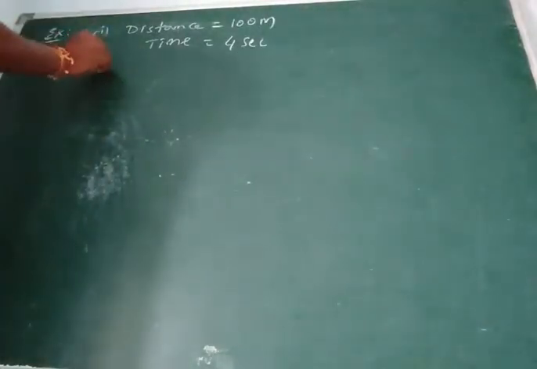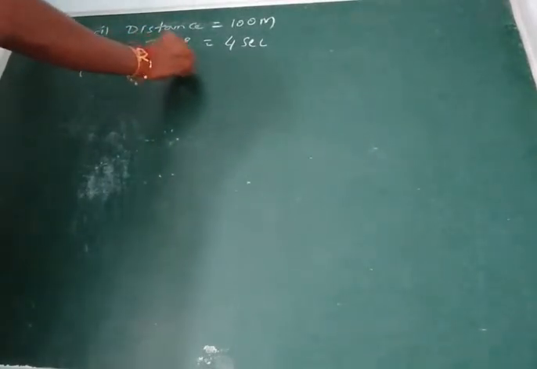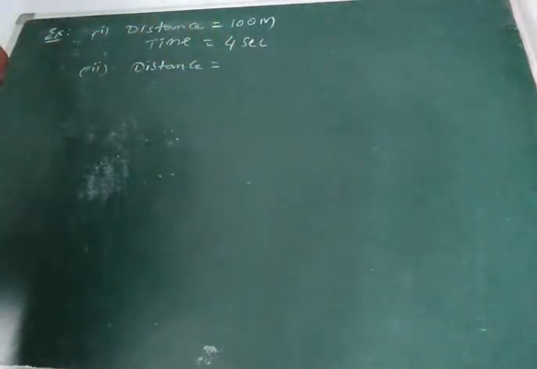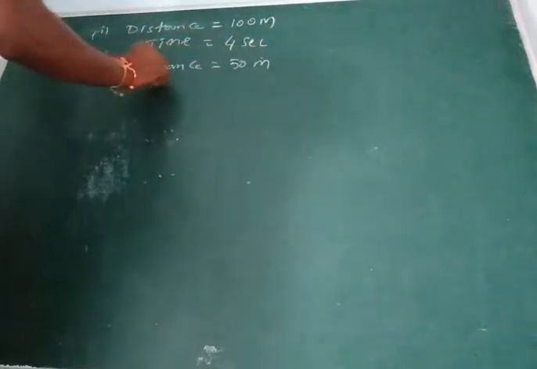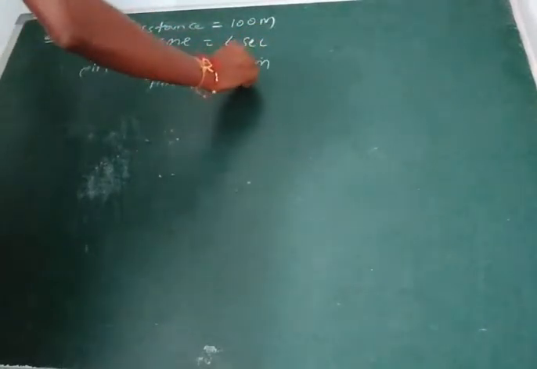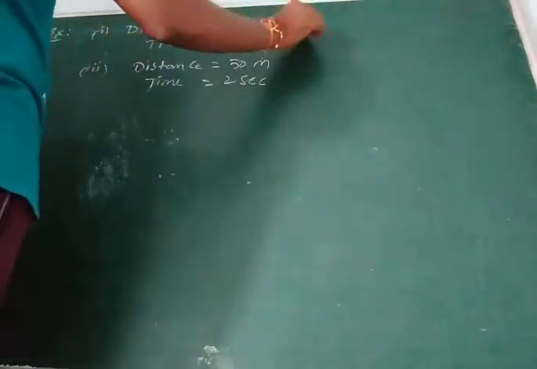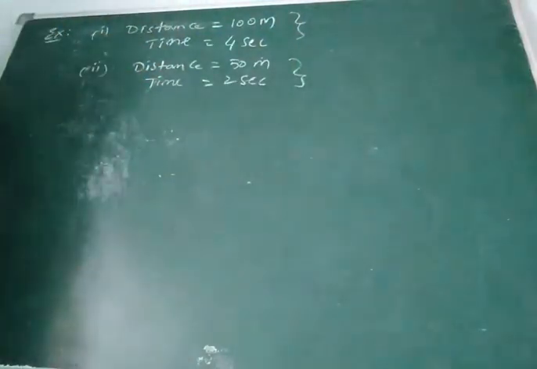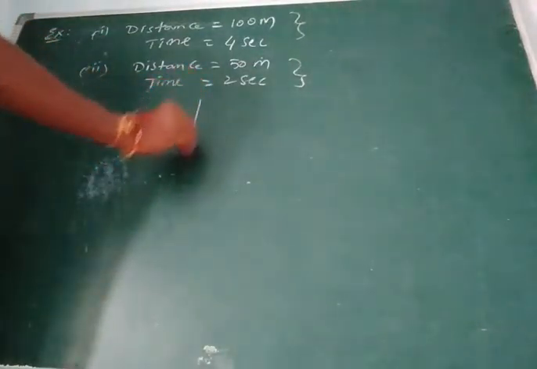Second case, if it covers a distance of 50 meters in 2 seconds. That means this question includes 2 questions. From the first case we have to calculate the speed, and the other is another speed. 2 speeds we have to calculate. So here we have to calculate the average speed, case 1 and case 2.